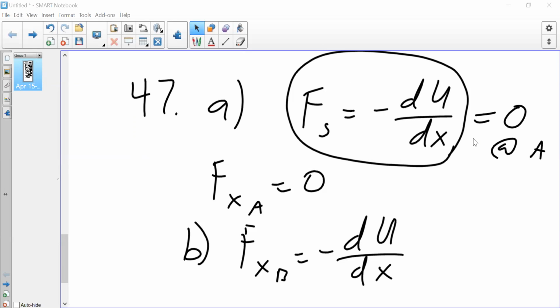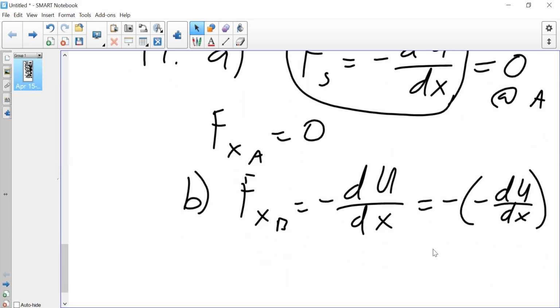The slope is negative, but the entire thing becomes positive. So the slope is negative of the thing that we already have. So the force is positive. I want to get that middleman in there so we could all see that.